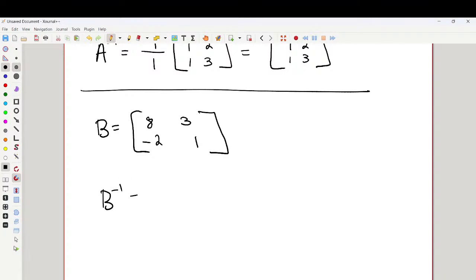B inverse is 1 over the determinant of B. I wrote it in its formula form earlier, then I used the word DETB, but now that's also how it's symbolized, so you should know all 3 of those. You also need to know switch positions, negate values.